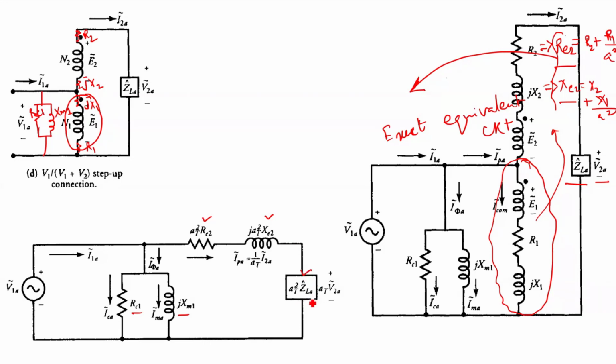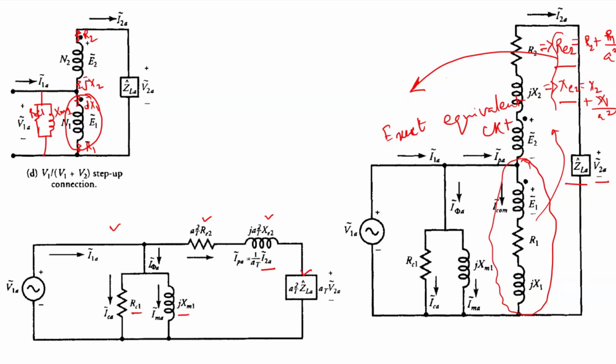It will become AT square ZLA, the voltage will become AT V2A, and the current will become I2A by AT. So all these circuits we have drawn till now represent the approximate equivalent circuit when the autotransformer is viewed from the primary side.